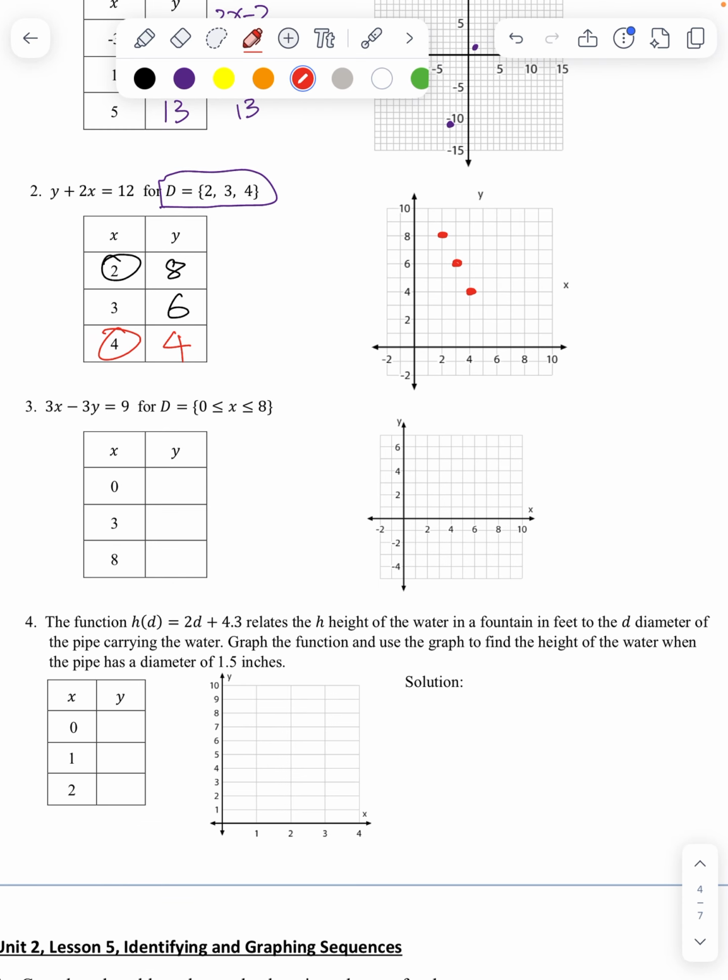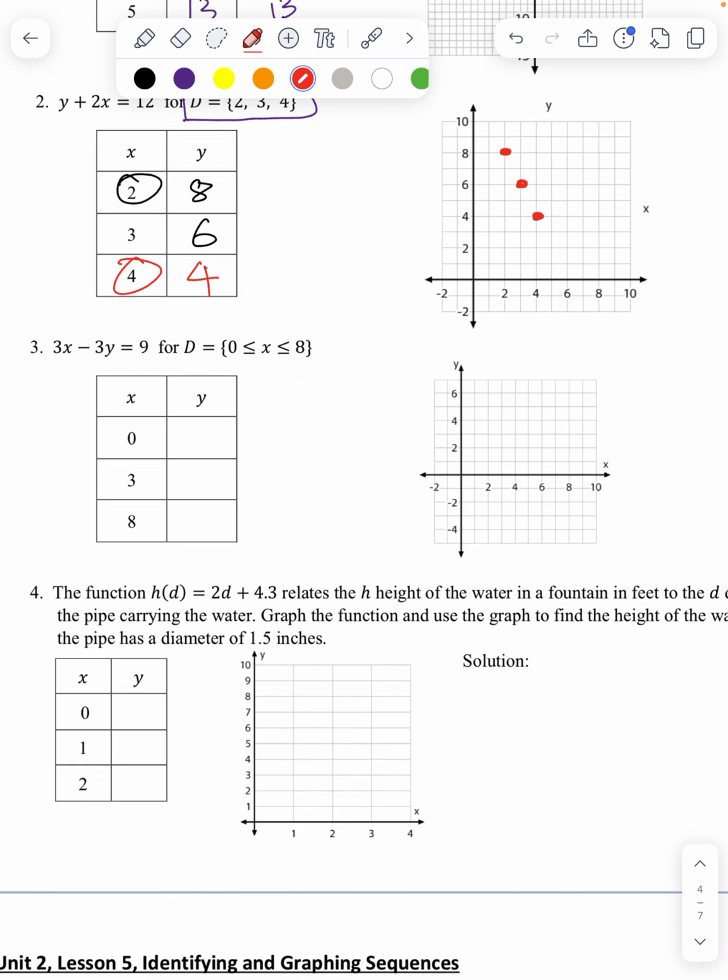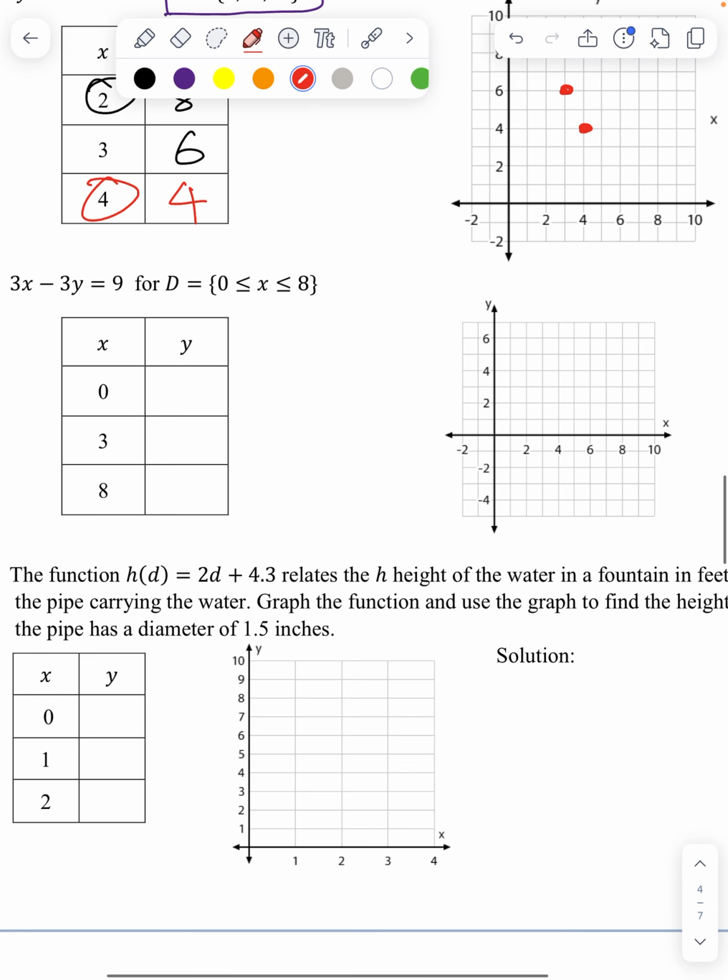Okay, number 3. 3x minus 3y equals 9. For domain, look at the domain. This is another way to write out the interval. That means x is greater than or equal to 0 and less than 8.